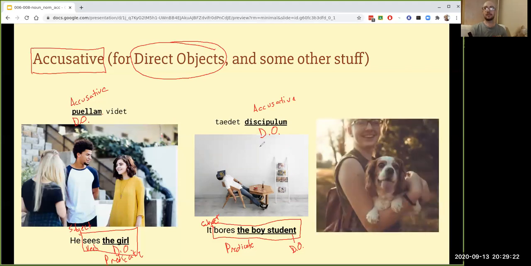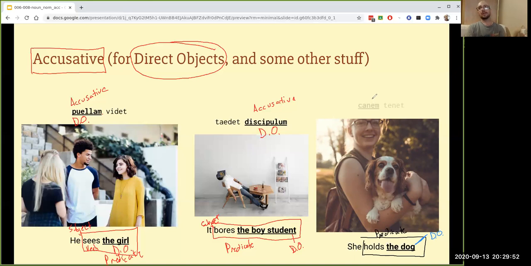Finally, let's look at this picture of a person holding a dog. We can say she holds the dog. Again, here's our predicate. You can probably tell because it's underlined, but it's also coming right after the verb. The dog is our direct object. And in Latin, again, the word order will not tell us the relationships.